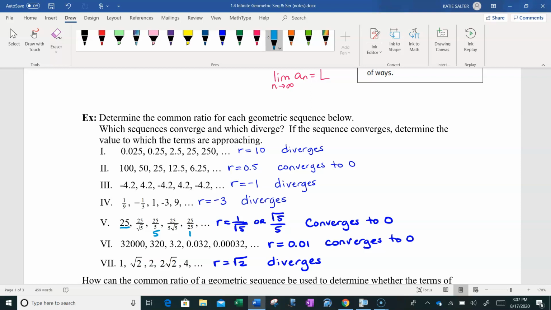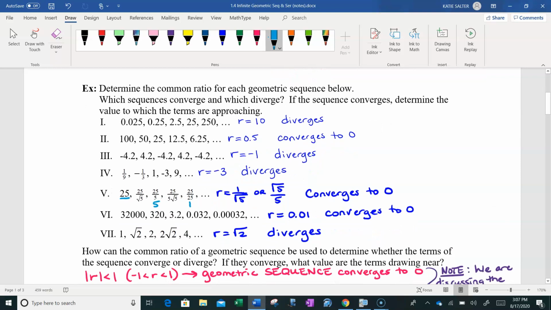So how can the common ratio of a geometric sequence be used to determine whether the terms of a sequence converge or diverge? If they converge, what value are the terms drawing near?